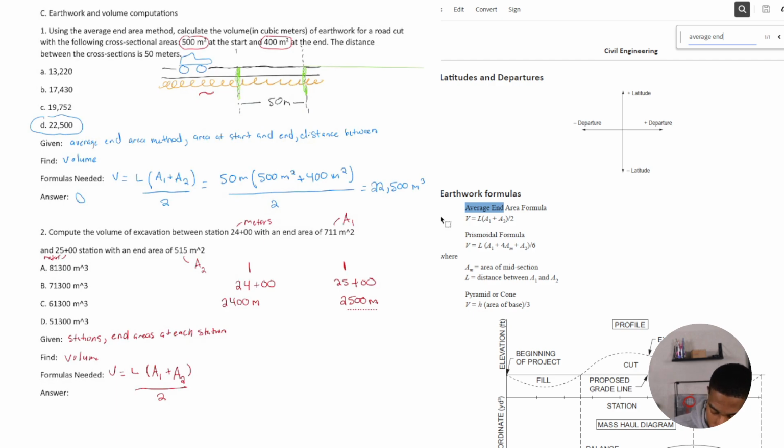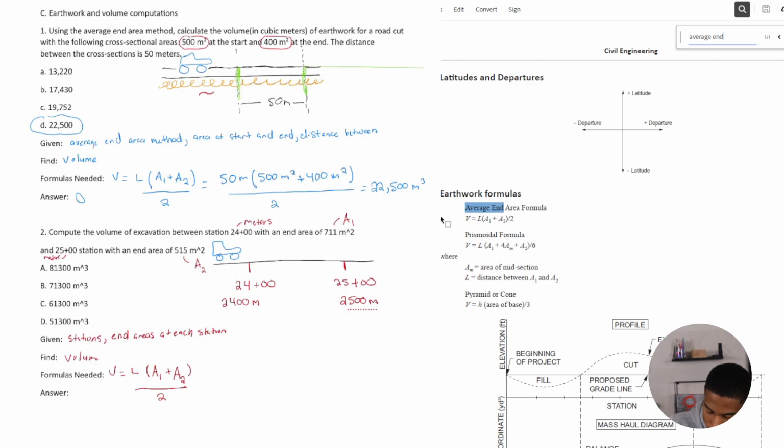So we still have our road, just to give you some context. We still have our cool car coming across. So what is the length between the two stations?